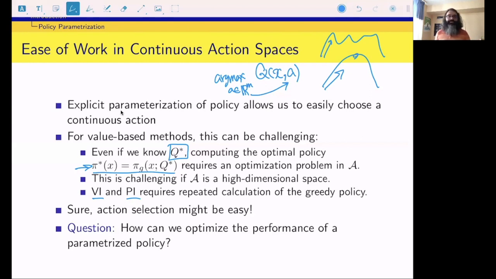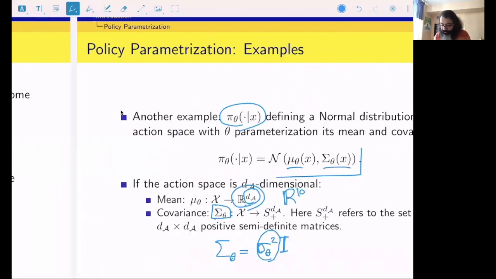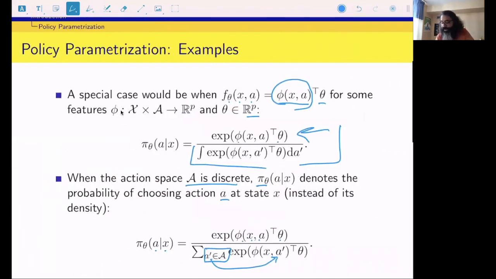Whereas for an explicit policy representation, if we choose some parameterization like a normal distribution, things would become much easier. But as you mentioned, this is not always better.